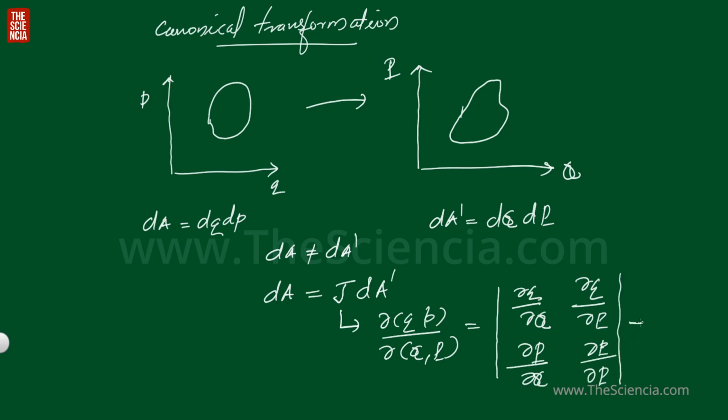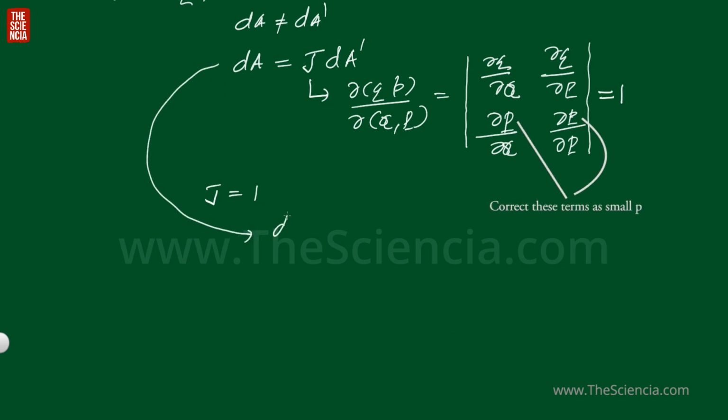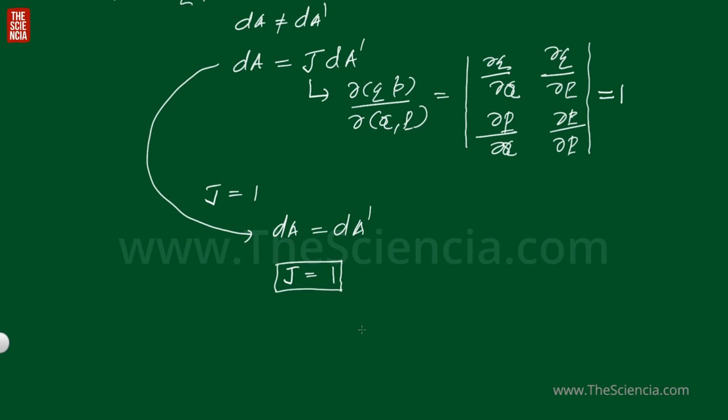And if this is equal to 1, that means Jacobian J equal to 1. So this equation will be dA will be equal to dA prime. That is, if Jacobian J equal to 1, then the volume or area will be preserved in the coordinate transformation.